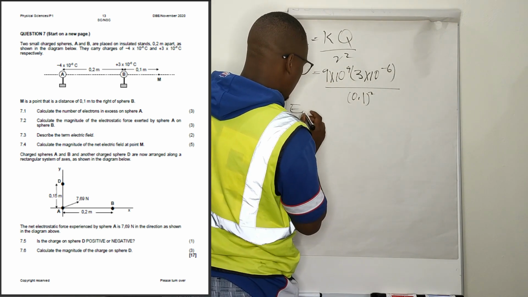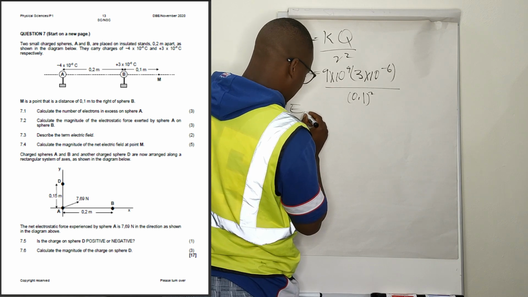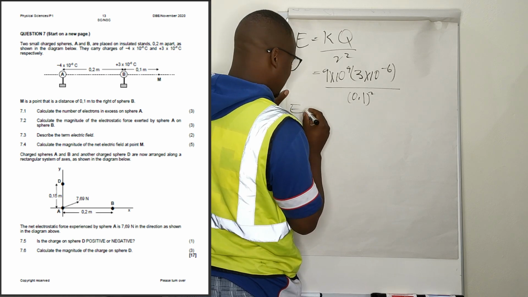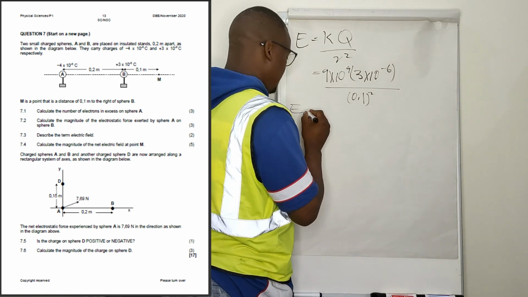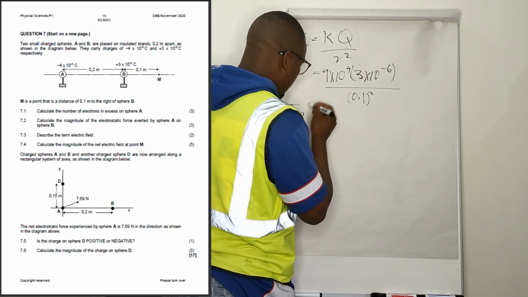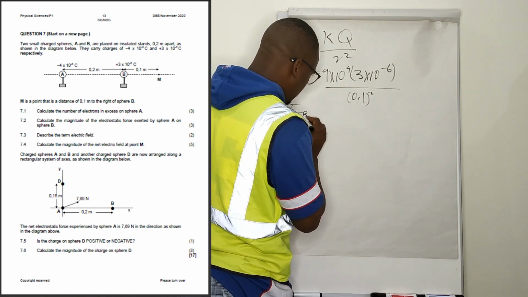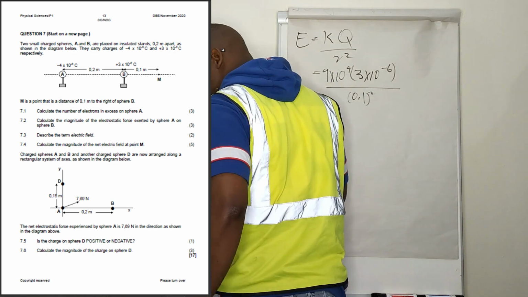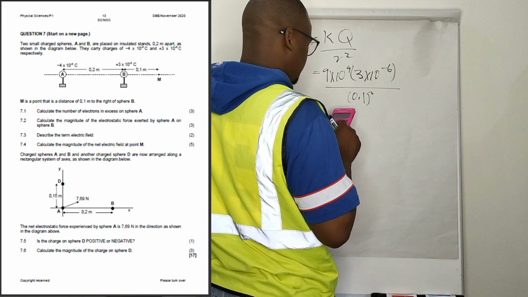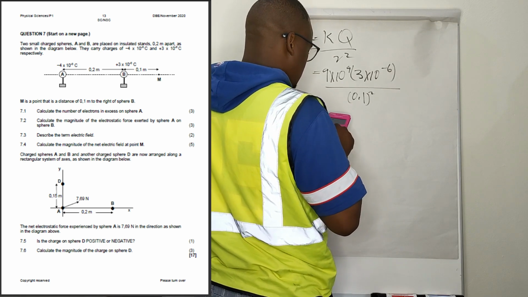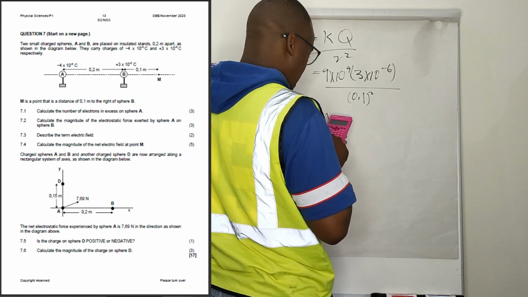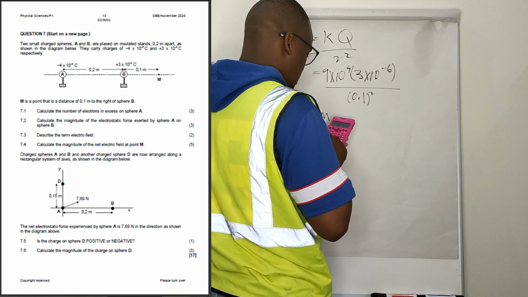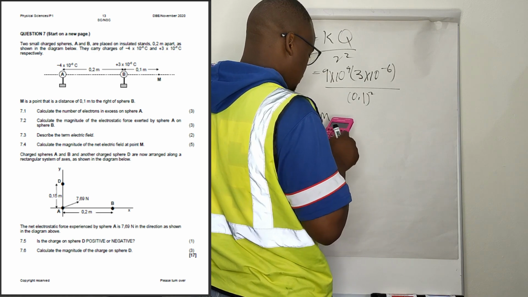So the electric field strength at M, the electric field of B on M, is equal to 9 times 10 raised to the power 9 times 3 times 10 raised to the power minus 6 divided by 0.1 squared.